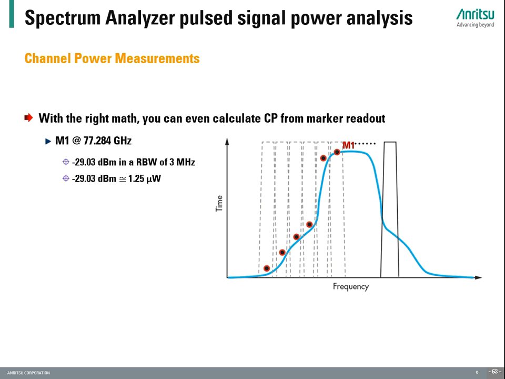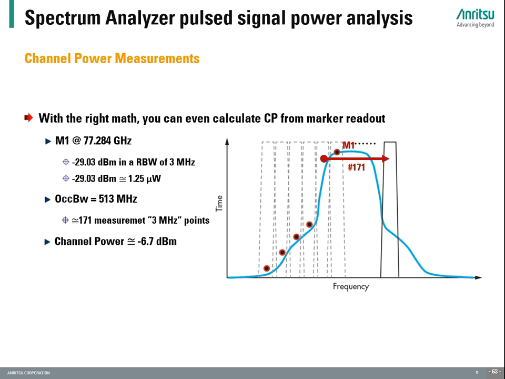This is equal to a power of 1.25 microwatts. We have measured an occupied bandwidth of 513 MHz. This is equal to 171 power measurements with an RBW of 3 MHz. Reconverting this back to dBm results in a channel power of -6.7 dBm.